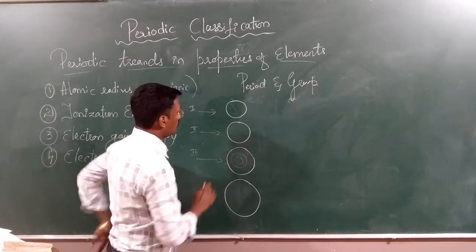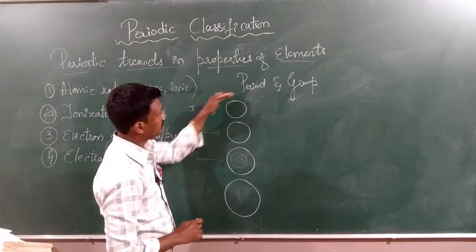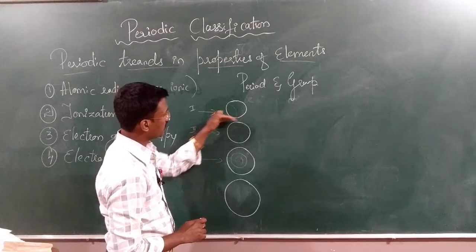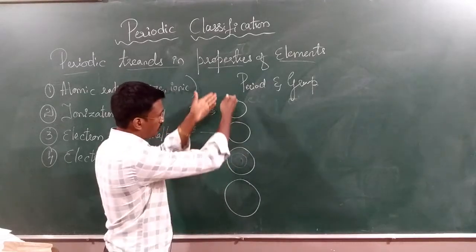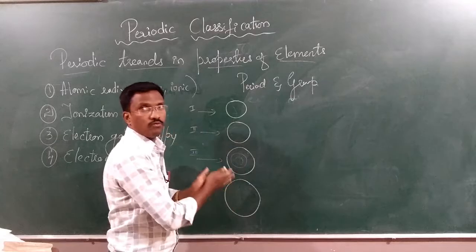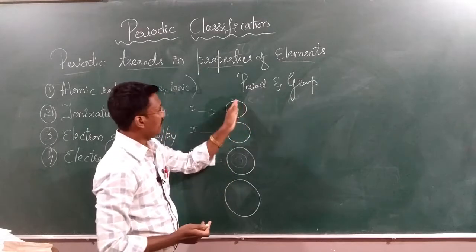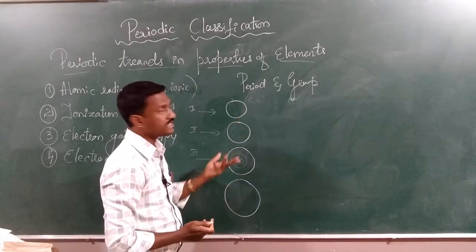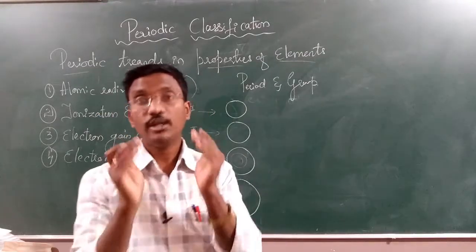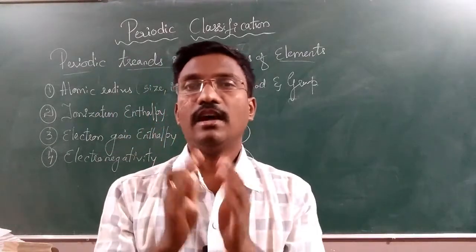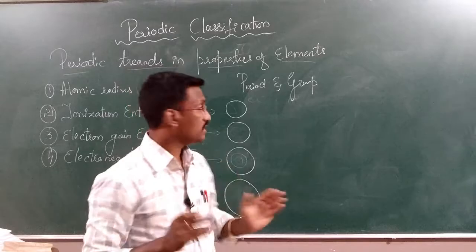So first is the first period, second period, third period, fourth period, but we are not calling this a period because we are looking only at the down direction. For that reason we call that a group. As we move down the group, an addition of a new shell takes place. For that reason, atomic size increases down the group.